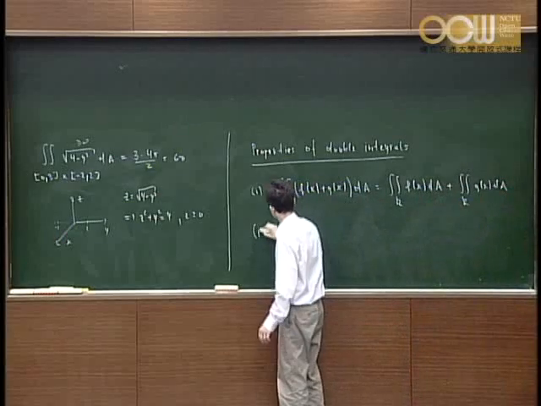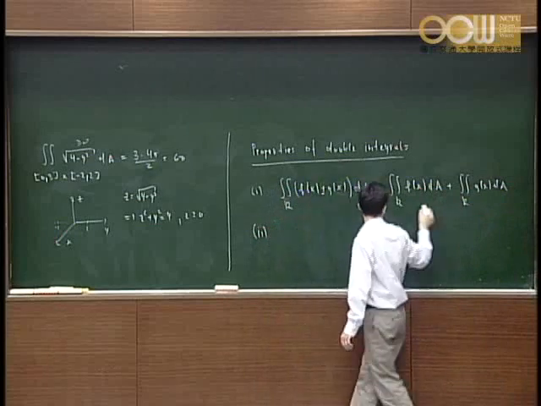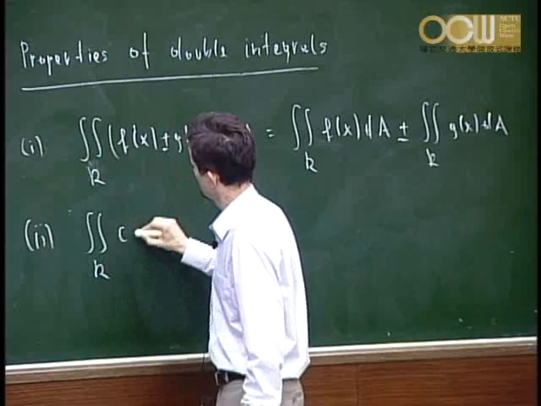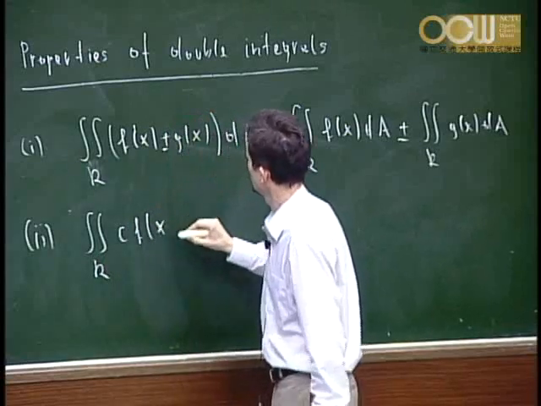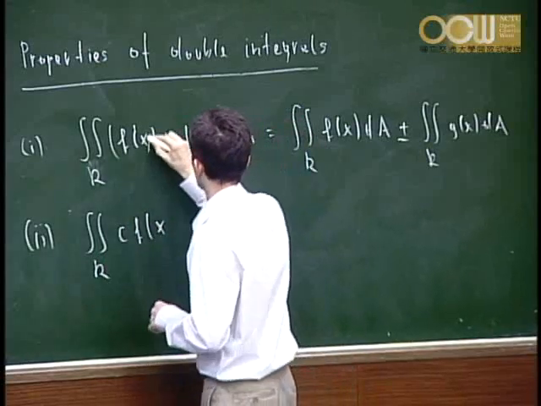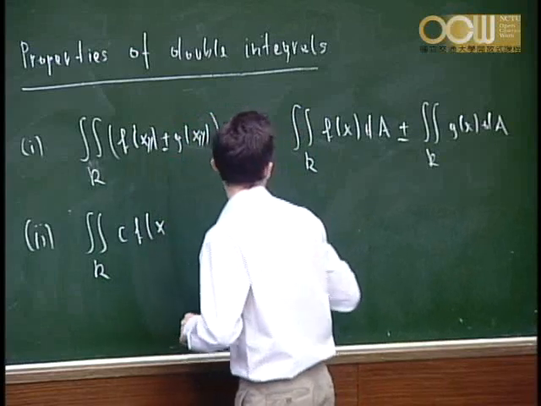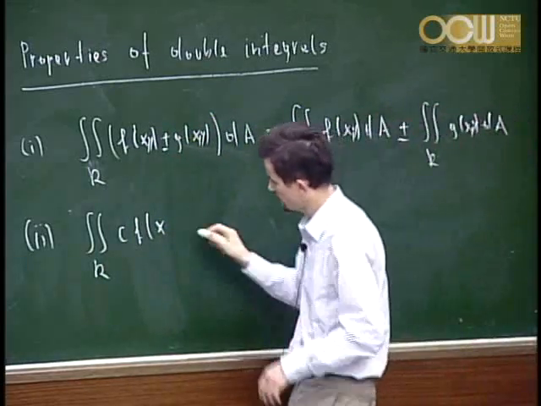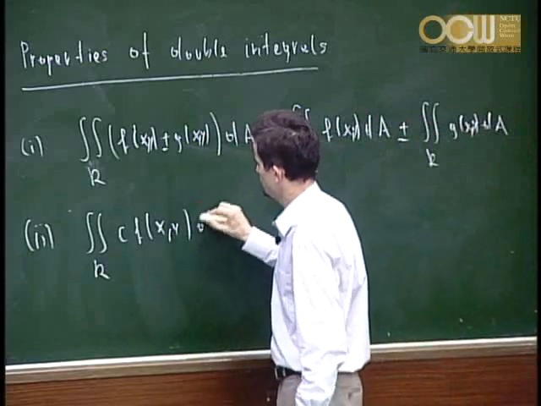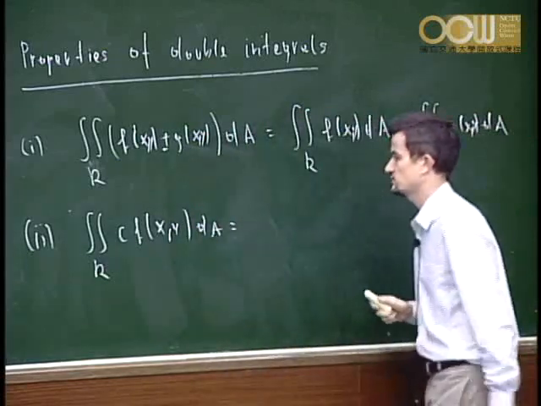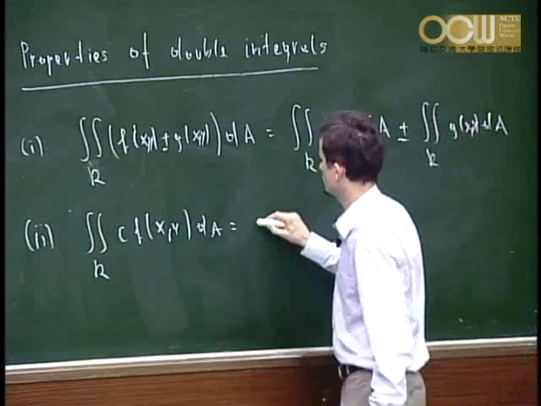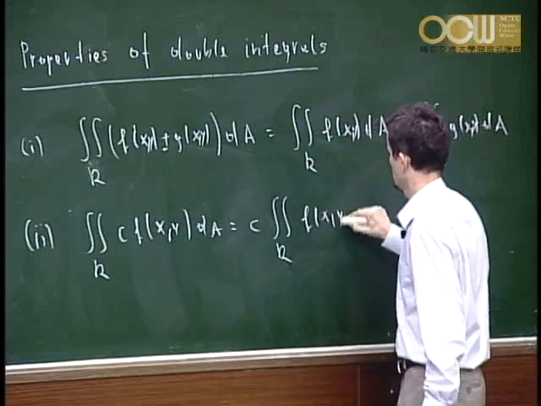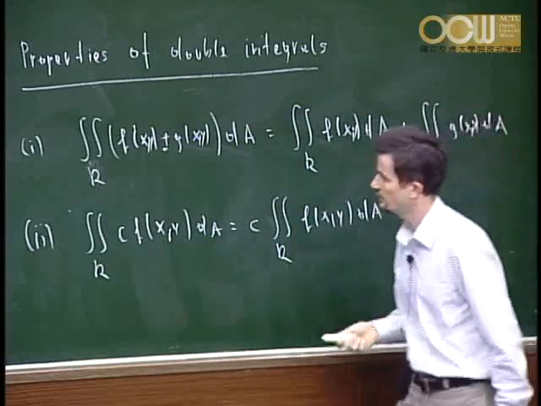You have the same for the difference. You have the property that if you have a double integral where you have a constant, then you can take out the constant.